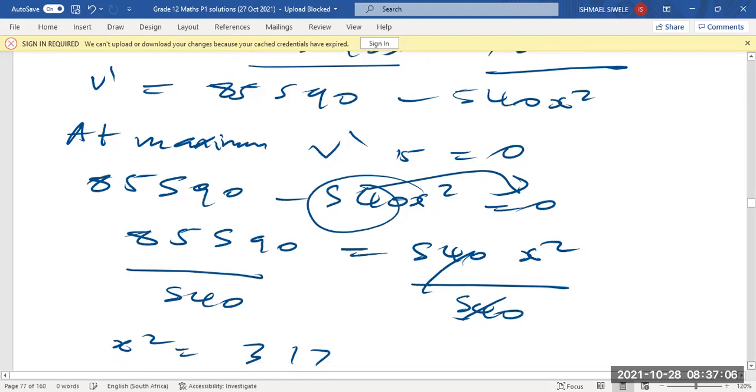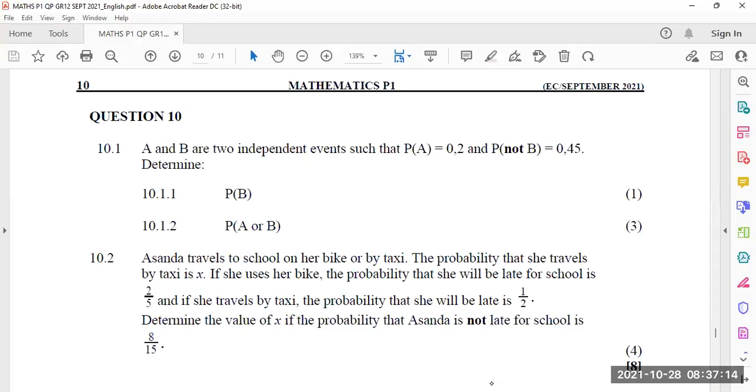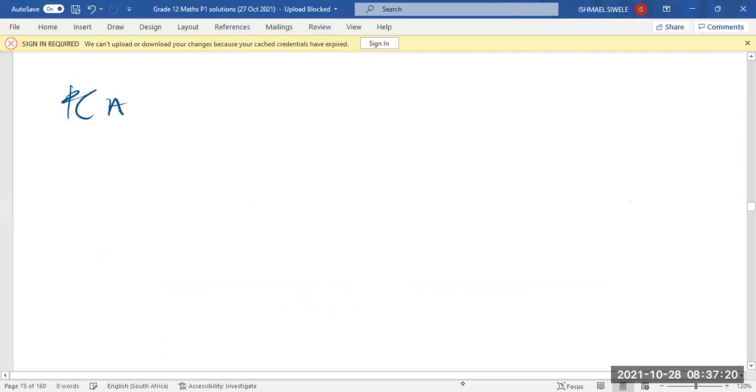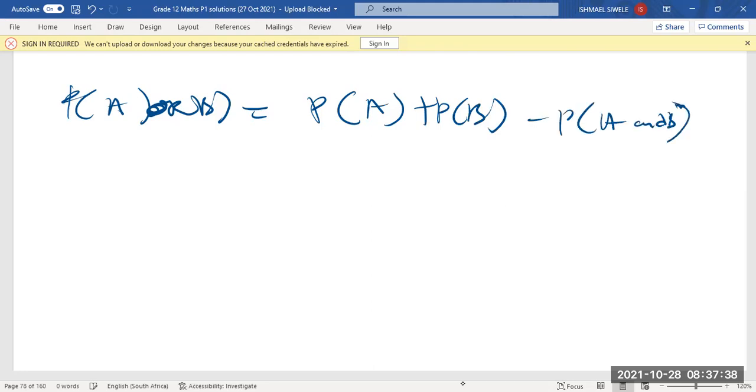Let's see. Okay, yeah. We must find the probability of A or B. We know the probability of A or B is equal to probability of A plus probability of B minus probability of A and B, right?